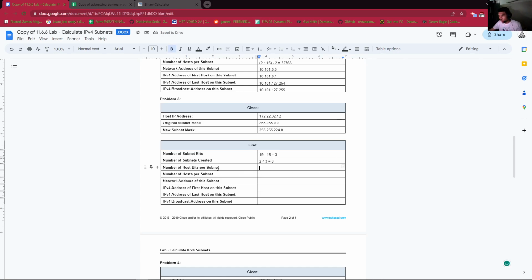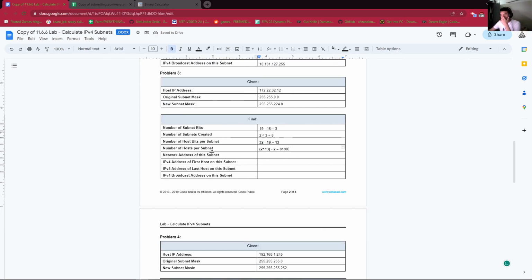The number of host bits per subnet is 32 minus the prefix of the new subnet mask, which is 19, so we get 13. And the number of hosts per subnet is 2 to the power of 13, the number of host bits per subnet, minus 2. So we get 8190.